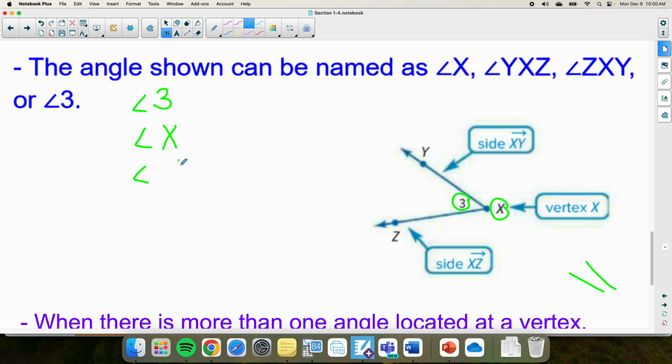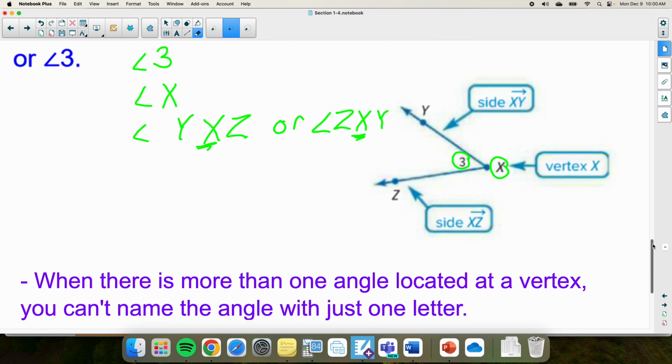So angle YXZ, or angle ZXY. And X has to be in the middle. Everybody okay with that? Okay. Now, that is what we do if we have just a single angle drawn there.